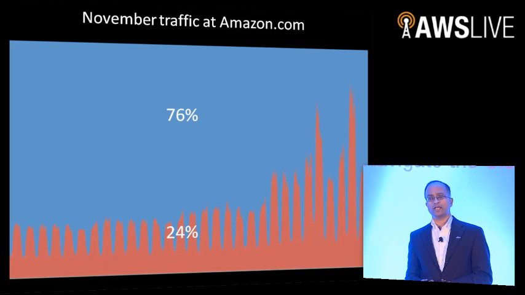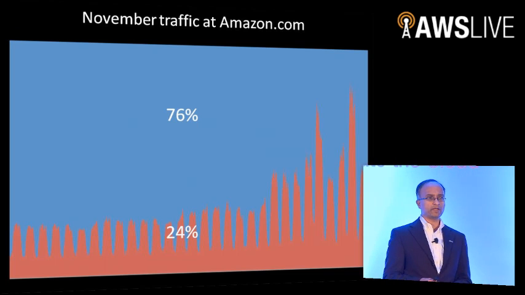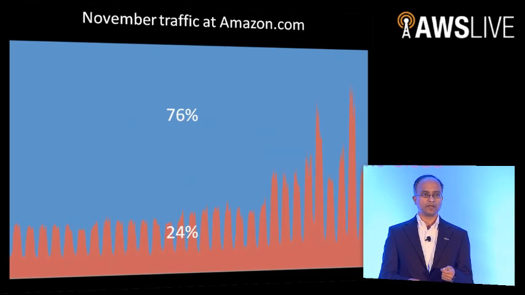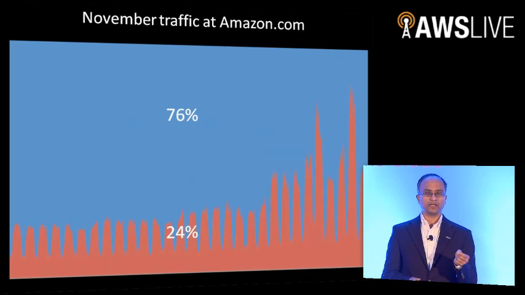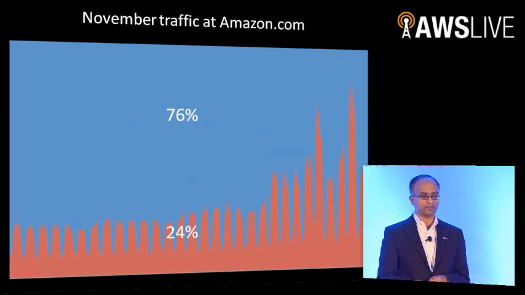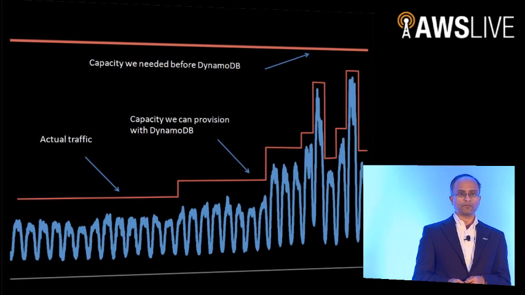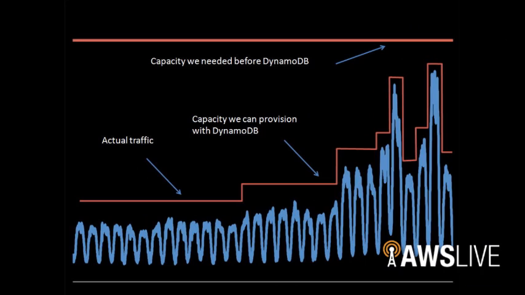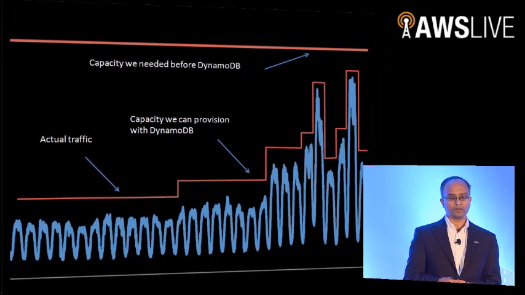So what's possible with DynamoDB? Let's look at what we are able to achieve. Here's a pattern. The red lines that you see are typical seasonal patterns of demand on our Amazon.com servers. Typically what we would have done is provision for peak with some buffer. The red line at the top is what the normal provisioning would have been.